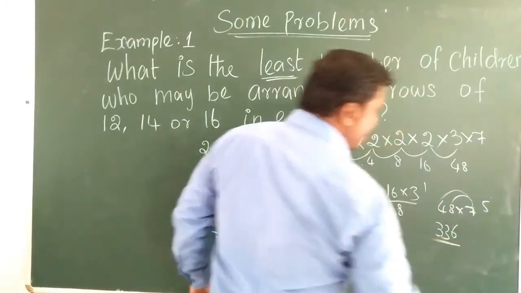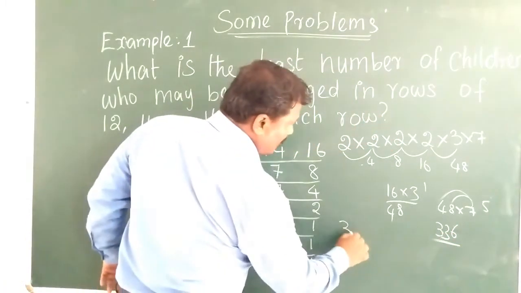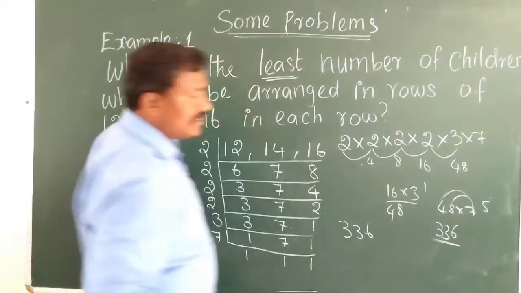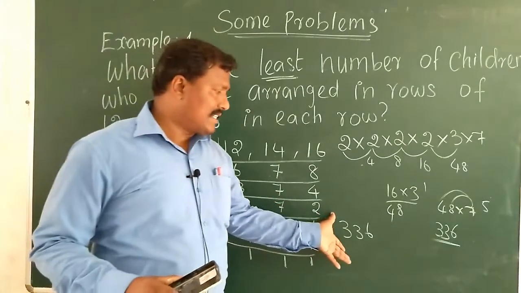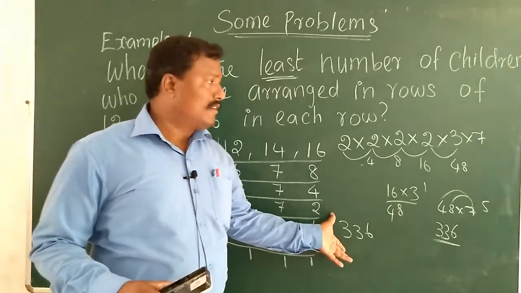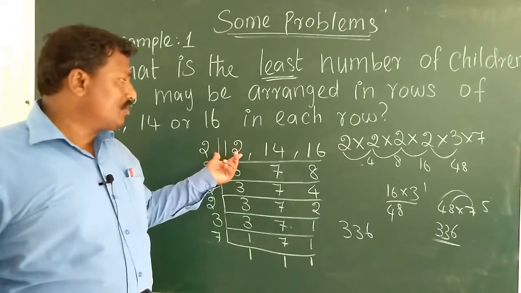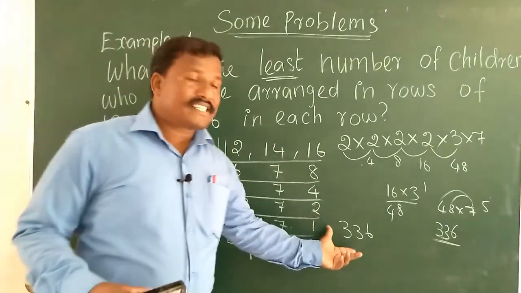So 336. We got the answer: the LCM of 12, 14, 16 is 336.